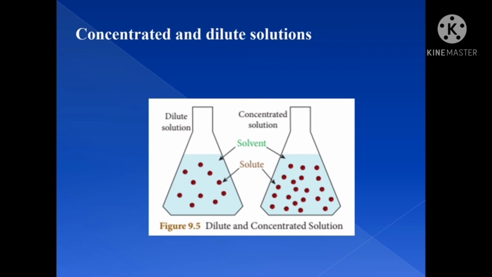The concentration of a solution is a measure of the amount of solute that has been dissolved in a given amount of solvent or solution. So a concentrated solution is one that has a relatively large amount of dissolved solute in it. A diluted solution is one that has a relatively small amount of dissolved solute in it.